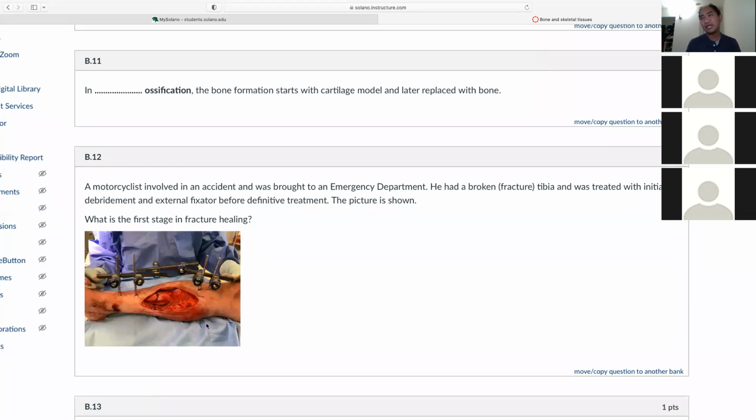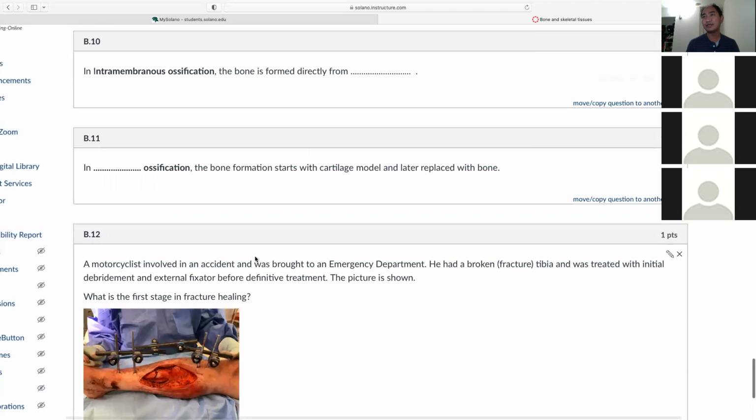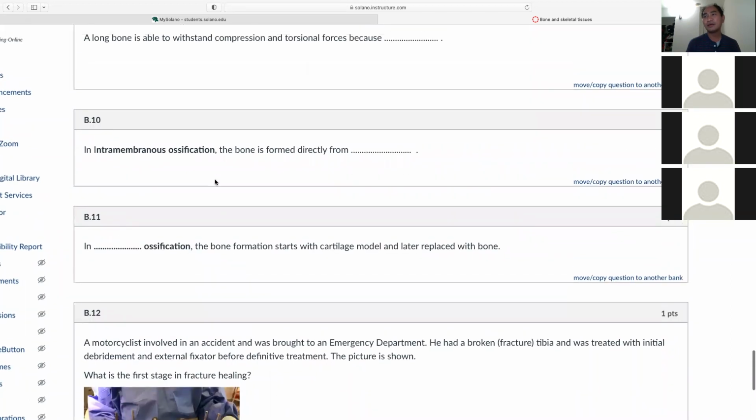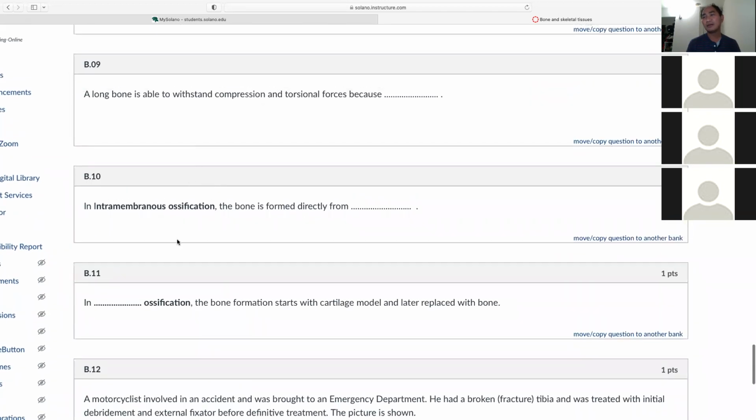So again, next question. So in intramembranous ossification, how many types of ossification do we know in the body? Ossification means the bone formation, starting from a little baby to become a human being. How many types of ossification are there?